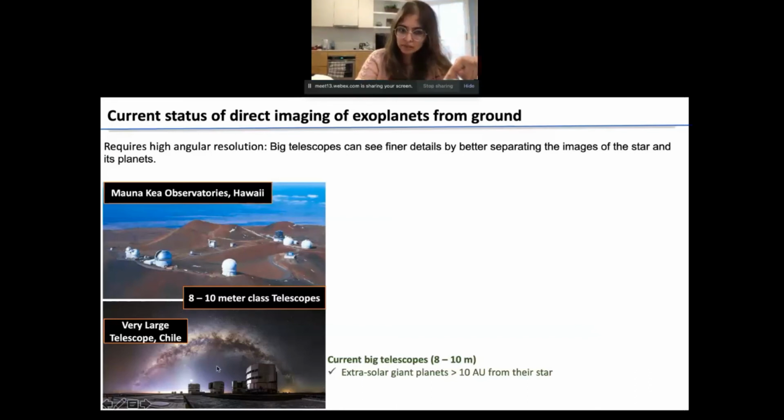In the southern hemisphere, we have the VLT, the Very Large Telescope, which is used to find planets. The current big telescopes are only between 8 to 10 meters in size, and we can image only giant planets lying very far away from their star. The further apart they are from their star, the easier it is for us to see them.